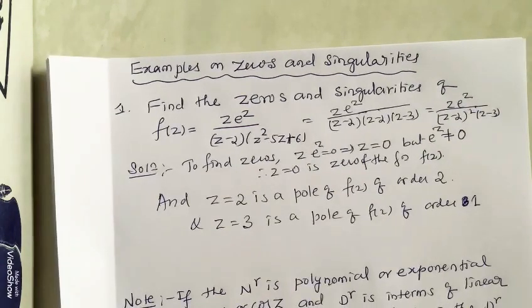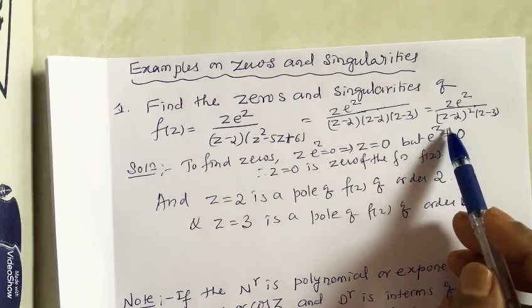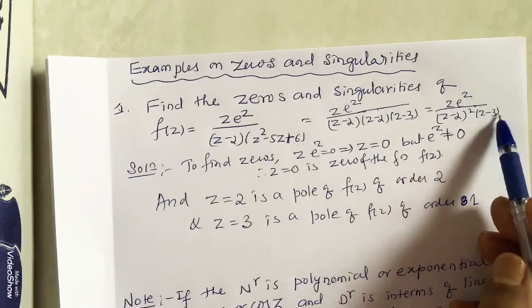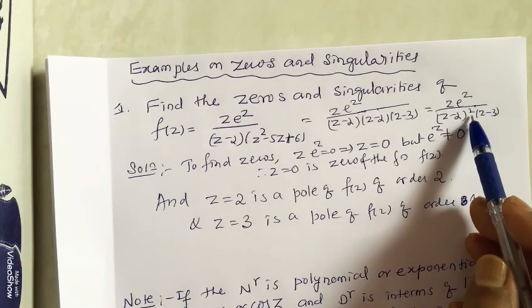Usually to get the poles you just see the denominators. If the denominators are in the form of linear factors, whatever the power will be there, that is the order of the pole here.